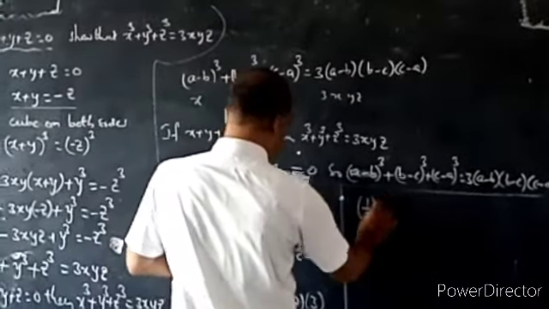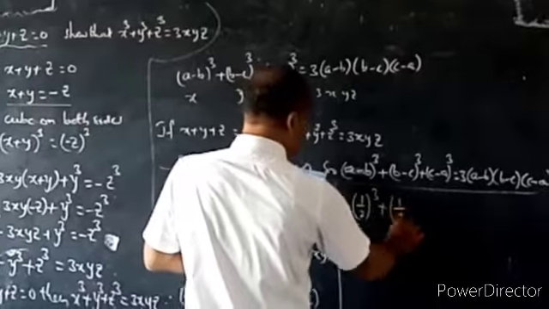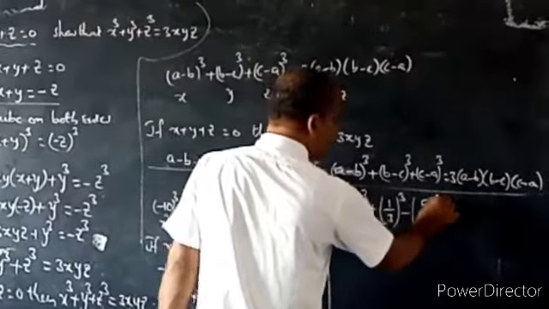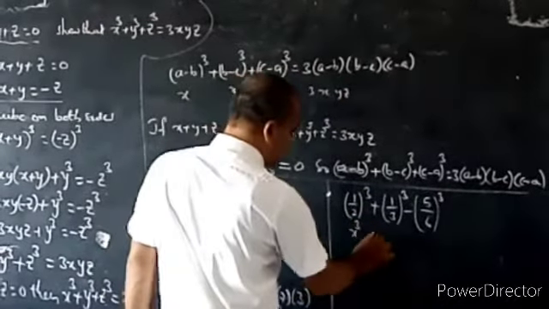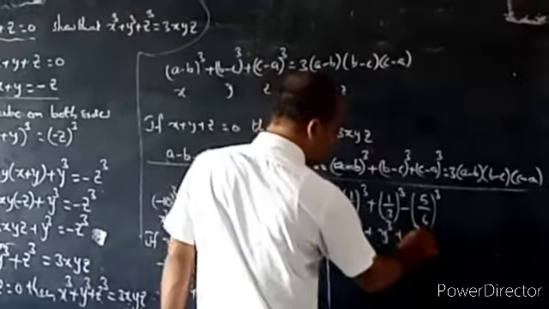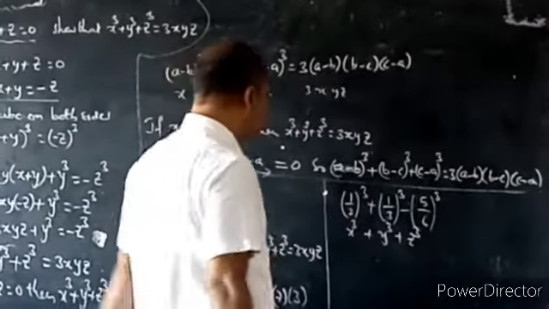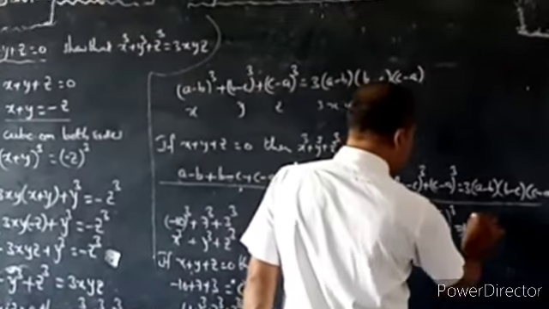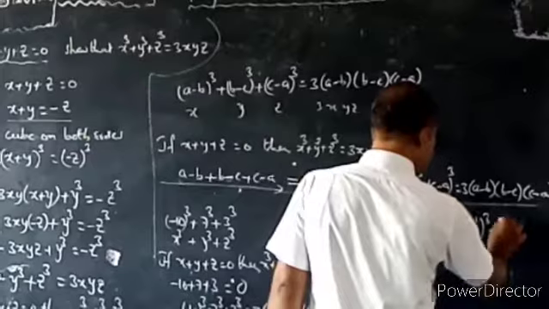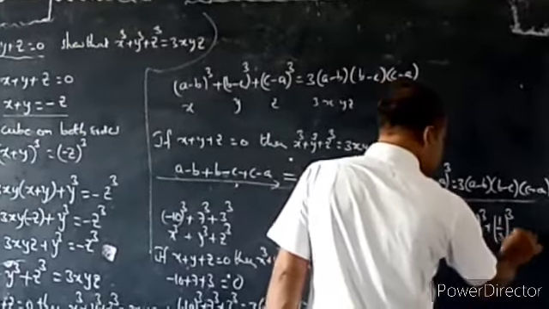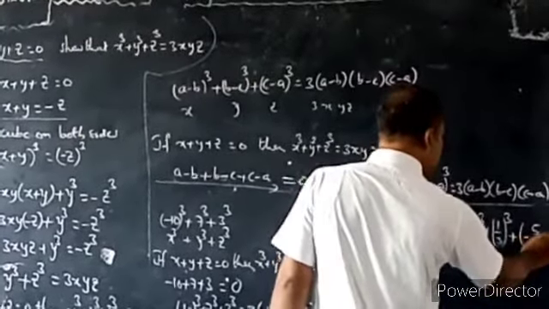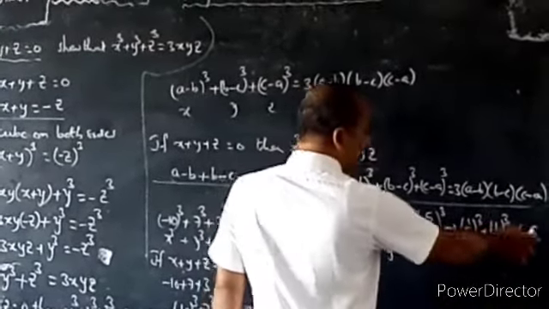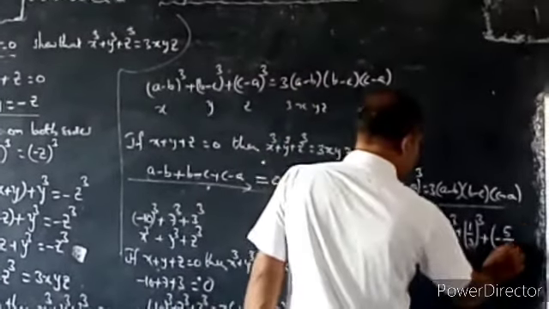1 by 2 whole cube plus 1 by 3 whole cube minus 5 by 6 whole cube. That means here x cube plus y cube plus z cube formation is given. Now it can be written as 1 by 2 whole cube plus 1 by 3 whole cube plus, in brace, minus 5 by 6 whole cube, without changing its value.